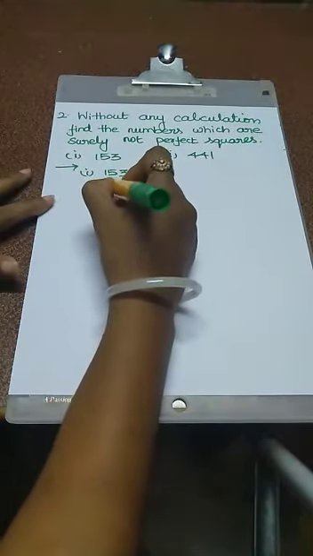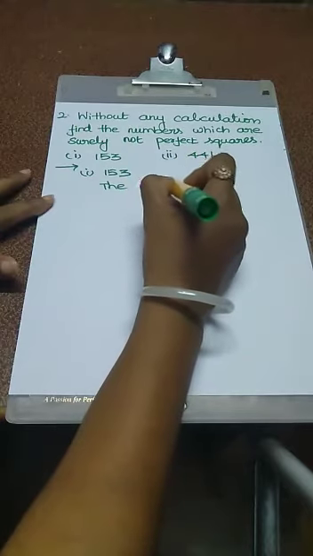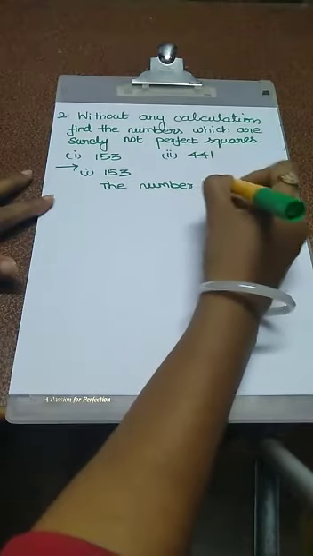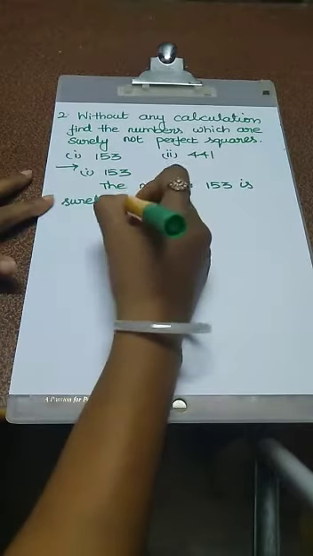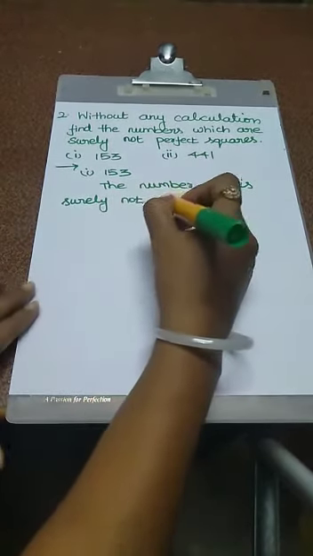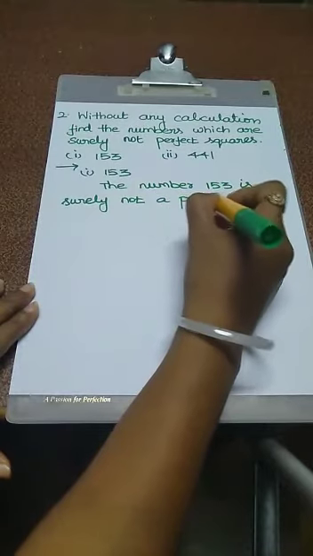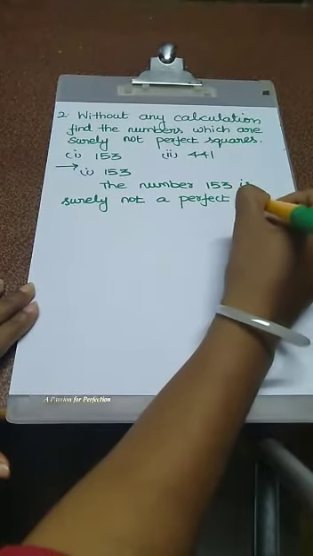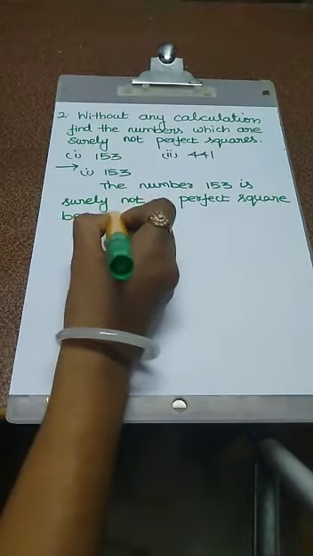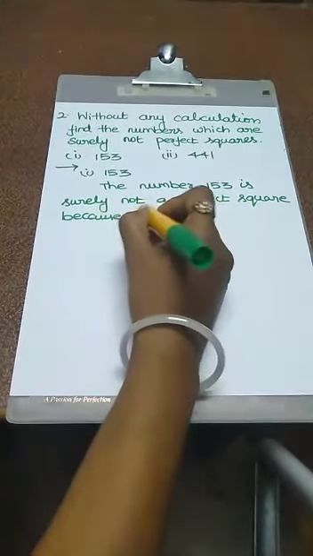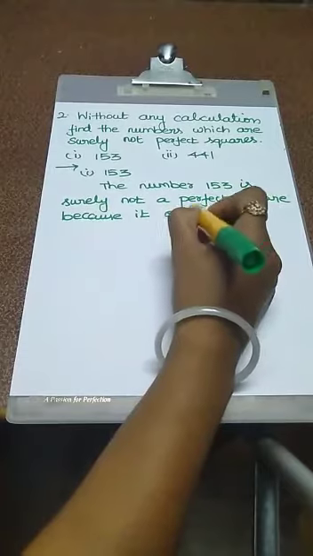The number 153 is surely not a perfect square. Because it ends in 3.